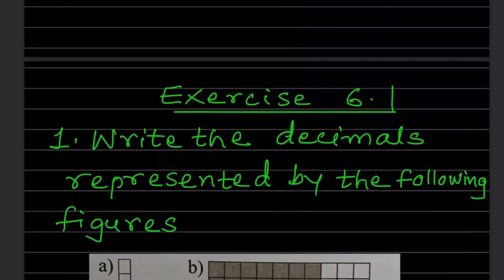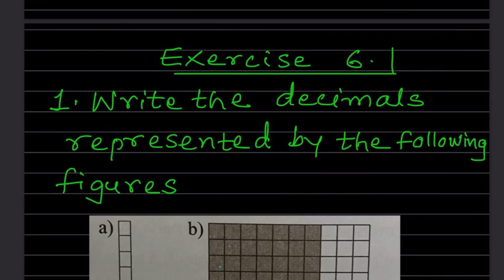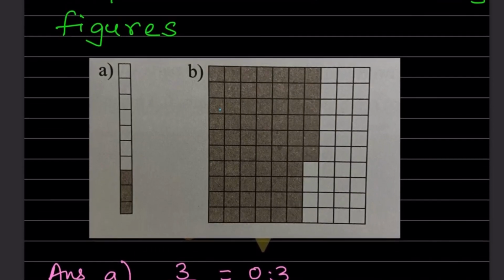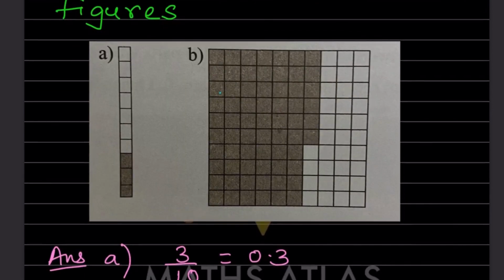Now we will go for the exercise. Write the decimal represented by the following figures. Now this figure is given. First we have to count the boxes: 1, 2, 3, 4, 5, 6, 7, 8, 9, 10. Total are 10. This total number of boxes goes in the denominator.